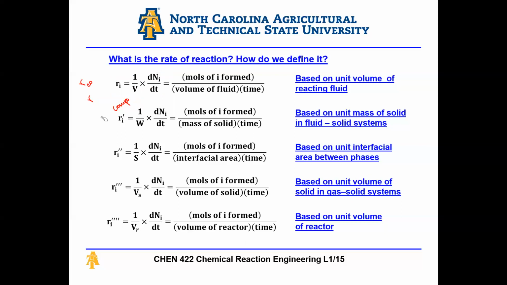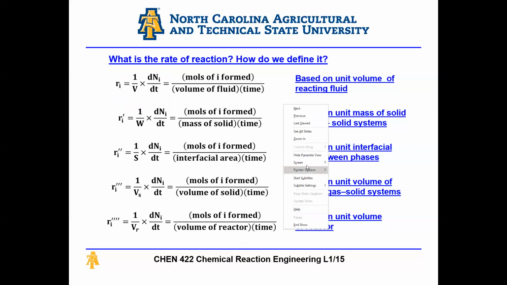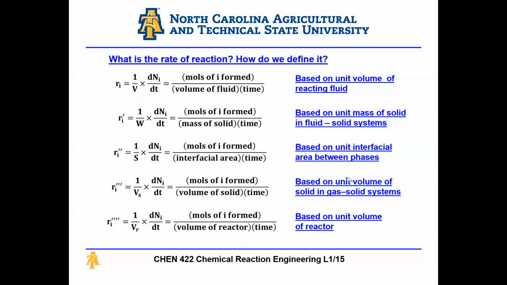In this case, I have volume. In other cases, you have other parameters. So your rate of reaction is 1 over V multiplied by dNi by dt, and this is moles of I formed per time per volume of fluid, right? And this is the reaction rate based on unit volume of the reacting fluid.